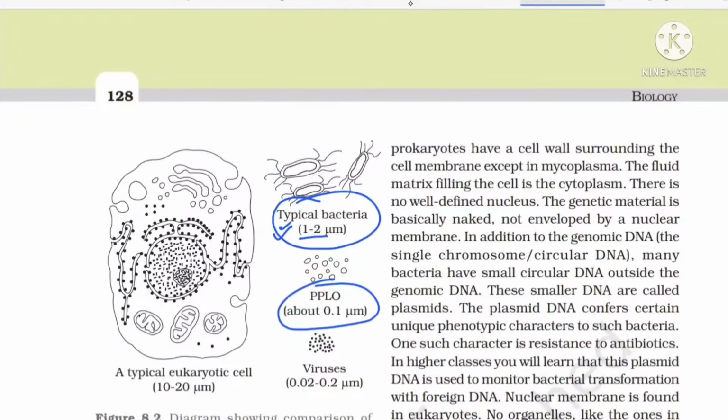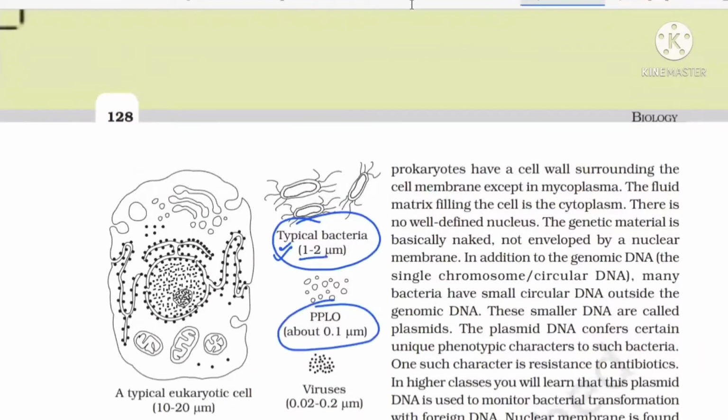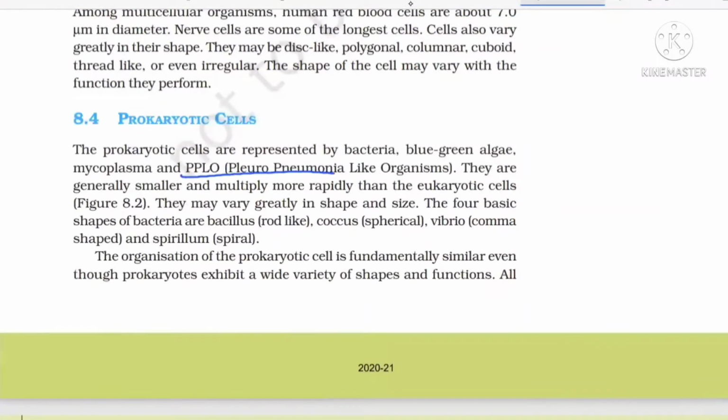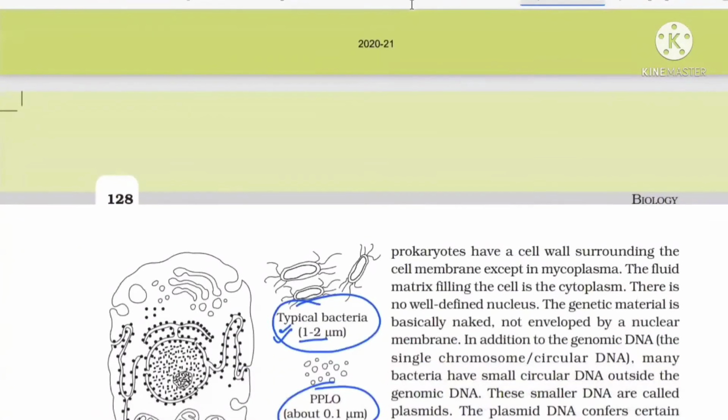The full form of PPLO is pleuropneumonia-like organism. Is it clear? Though they say mycoplasma is the smallest, in the diagram they have mentioned that PPLO is even smaller than mycoplasma. But only when they give the size will we select PPLO; otherwise mycoplasma is the smallest cell.